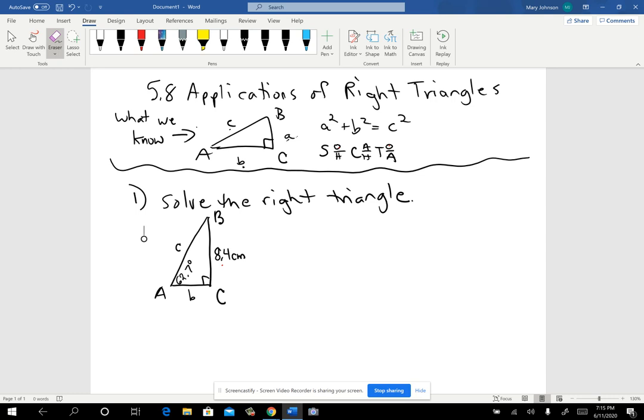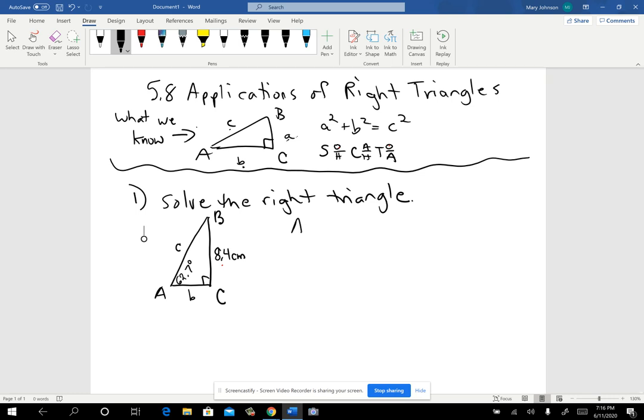I just wanted to do some examples from 5.8 in this video. Part of what they're going to ask us to do is to solve the right triangle, which means they want us to find all the missing pieces of it. For instance, they might give you an angle, like angle A is 62.7 degrees, and the side opposite that is 8.4 centimeters, and then you find all of the missing pieces.